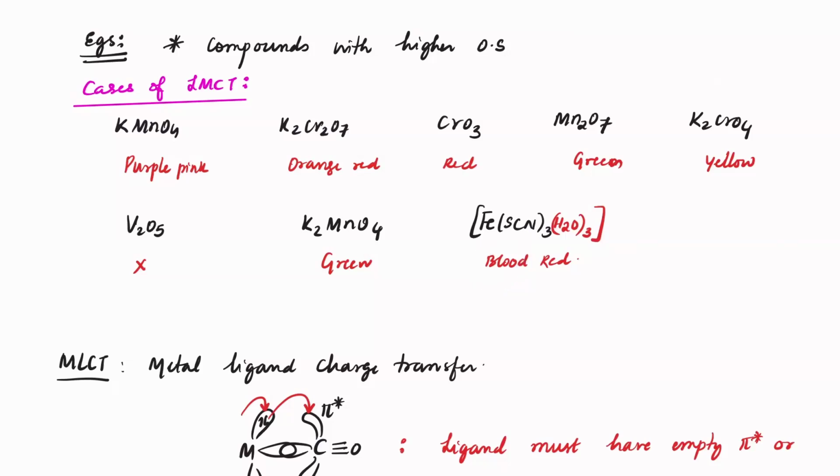So d-d transition is also happening here. Remember that, I'm not discarding the fact that there is d-d happening here. There is a d-d transition also happening, but at the same time, the charge transfer will dominate it.